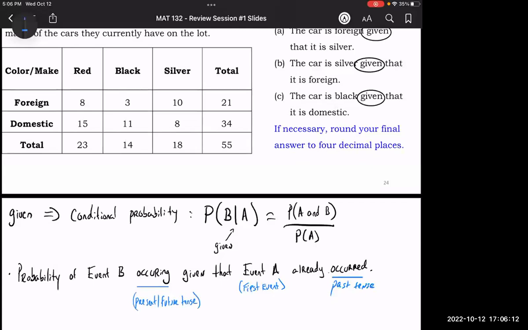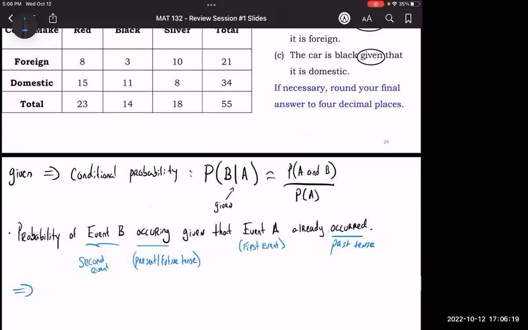And this is, again, your second event. So in other words, the second event, which is your event B, depends on the first event.